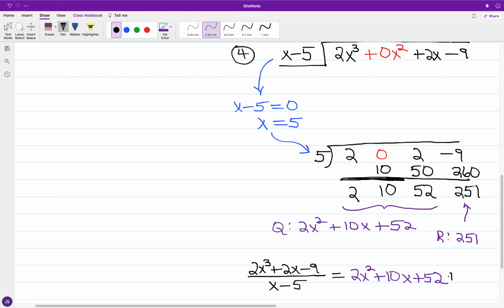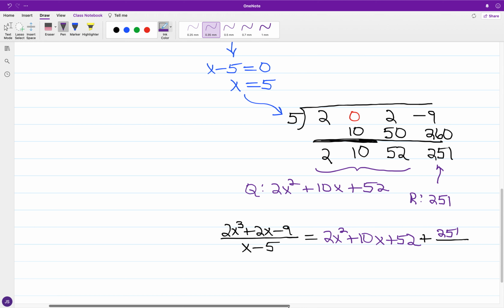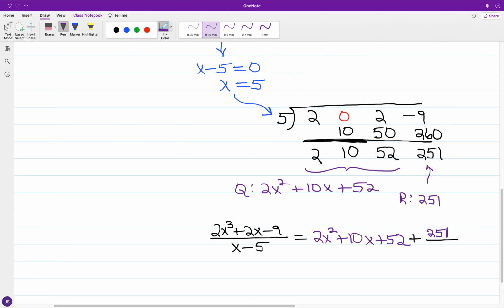Again, we have the remainder at the end. So you got the remainder of 251, and we have all of that over x minus 5. That will be the result in this format.